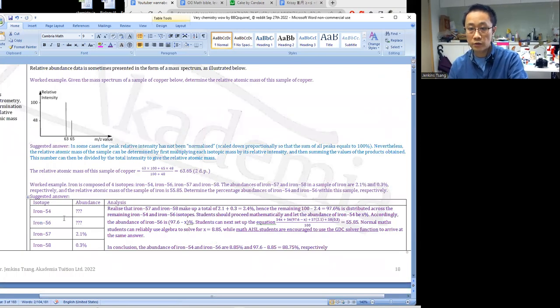When there are 4 isotopes, typically they still have to give you the abundances of 2 of the isotopes, because you have to use one single letter to relate the abundance of the 2 remaining isotopes. In this iron example, iron-57 and 58 accounted for 2.4, which means that the other 2 isotopes will account for 97.6. Then you use X and 0.976 minus X, or the percent version.